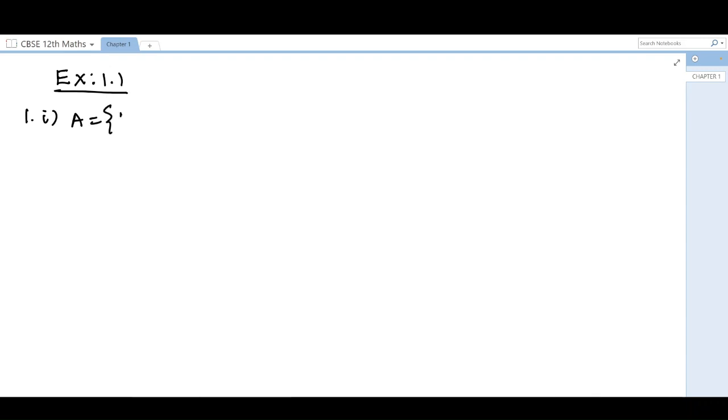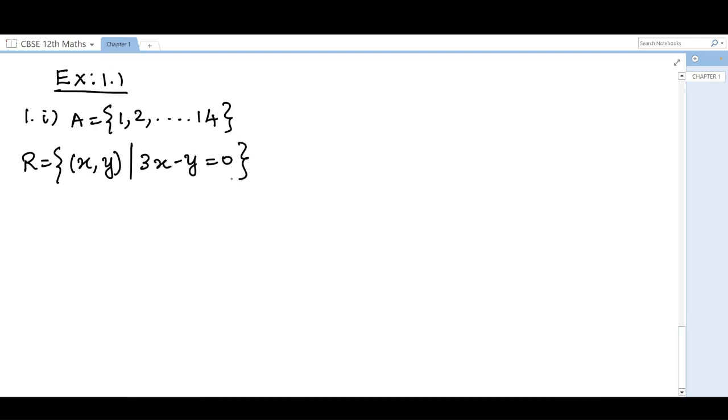Our given set consists of natural numbers from 1 to 14 and the relation R is defined such that only the ordered pairs satisfying the condition 3x minus y equal to 0 will be included in this set R. This can be rewritten as 3x equal to y.